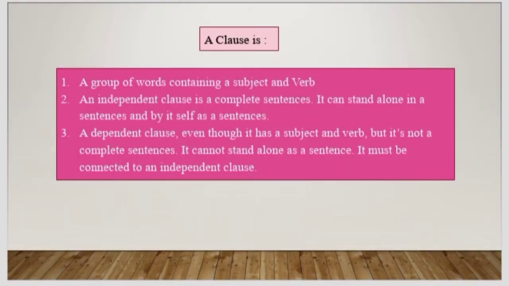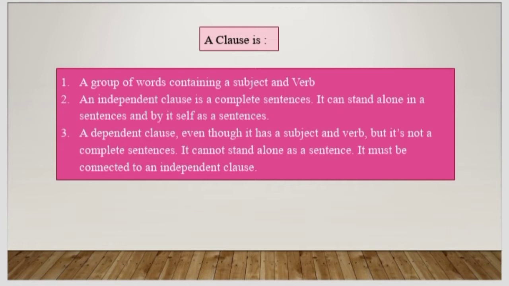Okay, I will continue the material. It's about a clause. Before we continue further about the material, we have to know what a clause is. A clause is a group of words containing a subject and verb. There are an independent clause and a dependent clause. An independent clause is a complete sentence.